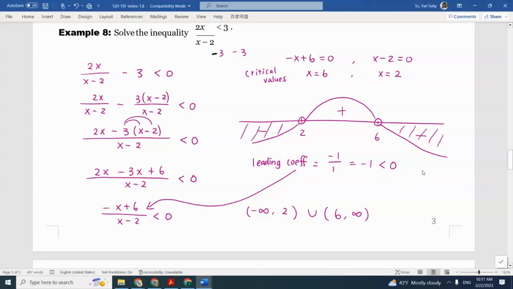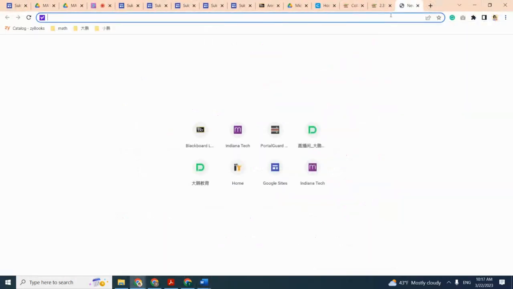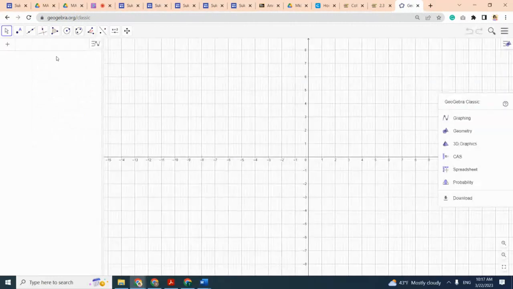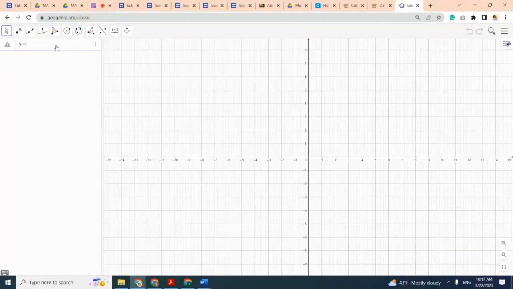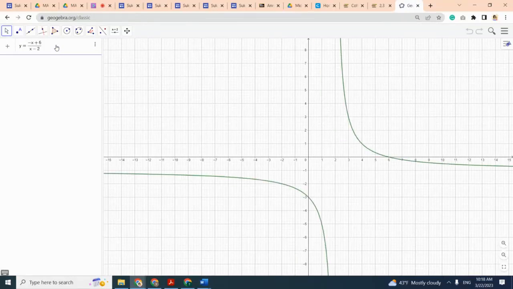So for the actual graph, let's go to Algebra. We have y equals negative x plus 6, and I put parentheses, divided by x minus 2.